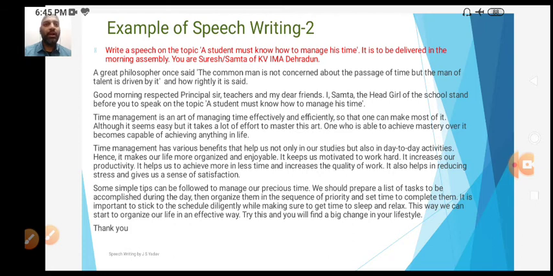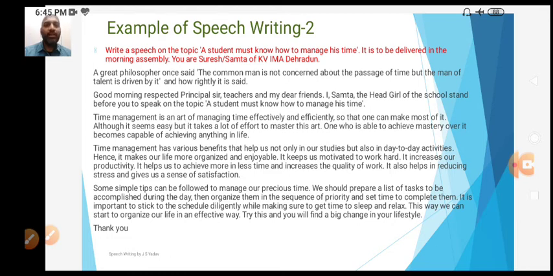Time management is an art of managing time effectively and efficiently so that one can make the most of it. Although it seems easy, it takes a lot of effort to master this art. One who is able to achieve mastery over it becomes capable of achieving anything in life. Time management has various benefits that help us not only in our studies but also in day to day activities.